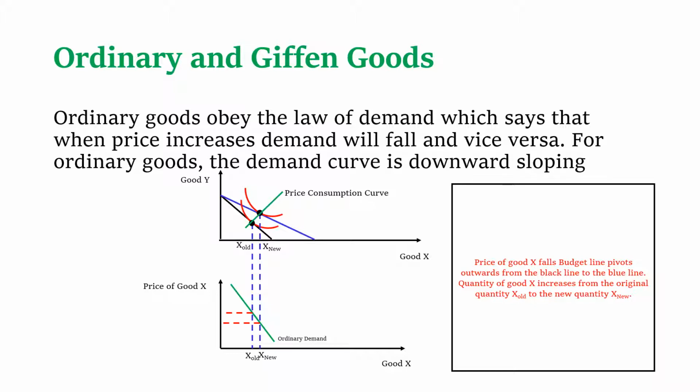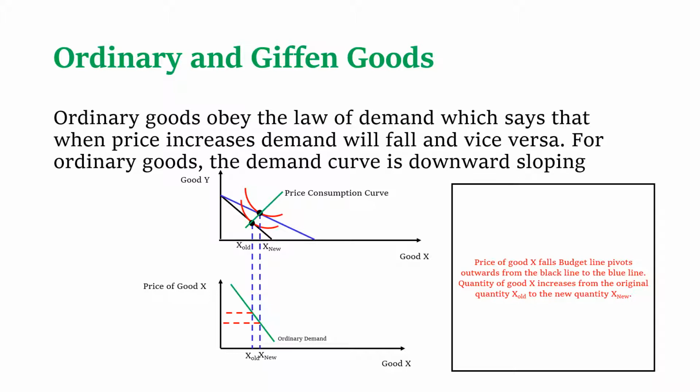So if the price of the good is high, they tend to value that particular good more than when the price is low. So if the price of the good increases, they're going to buy more of the good than when the price falls. So this is going to violate the law of demand, which says that when the price increases, the demand should fall, and when the price falls, we expect the demand to increase.